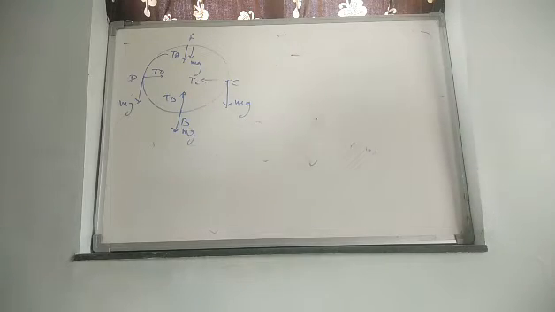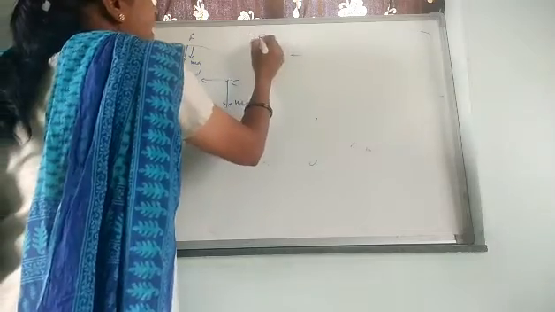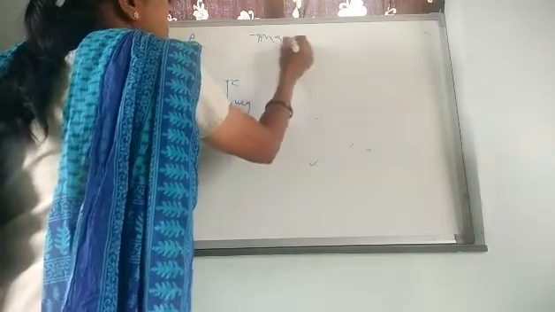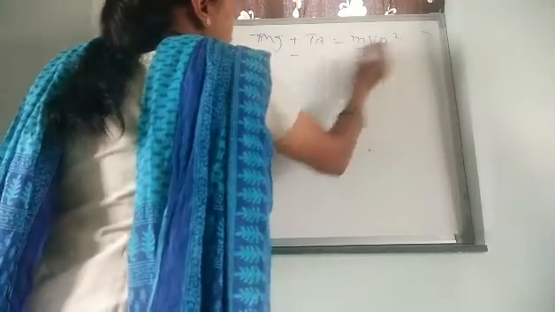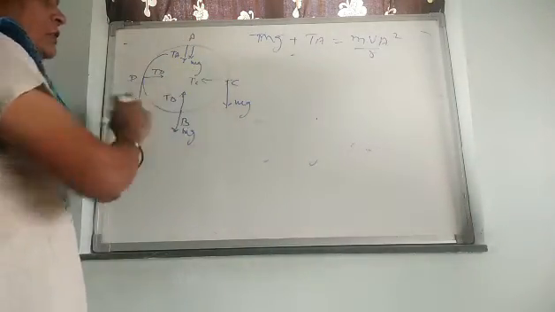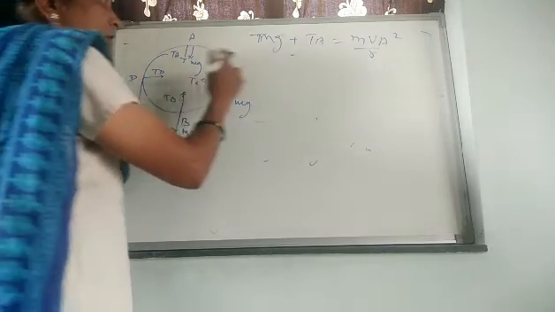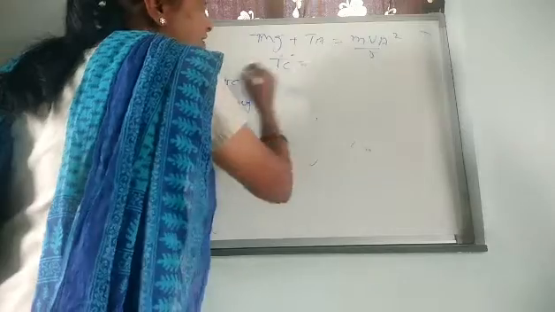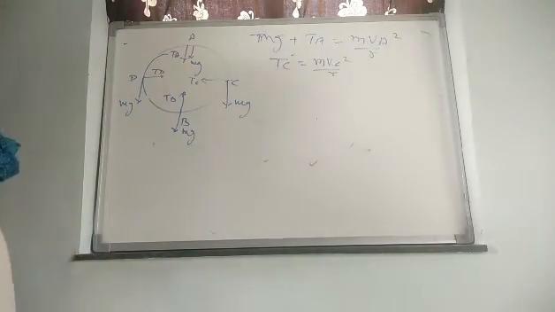As you know, at the topmost position, mg plus Ta is equal to m Va square upon r. As we have seen, at the horizontal position only the tension decides the centripetal force. Therefore, Tc is equal to m Vc square upon r. Suppose this is equation 1 and this is equation 2.